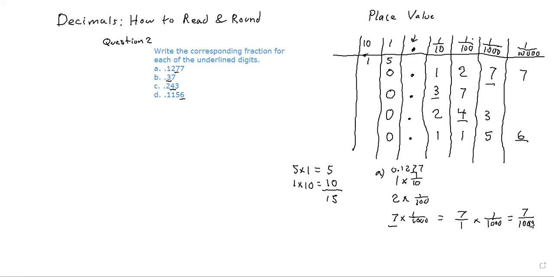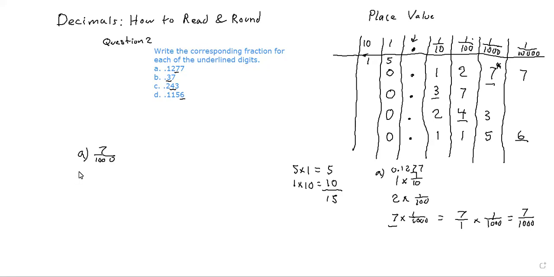So the fractional value of that 7, in the 1,000th place, is 7 over 1,000. That's our answer for A.